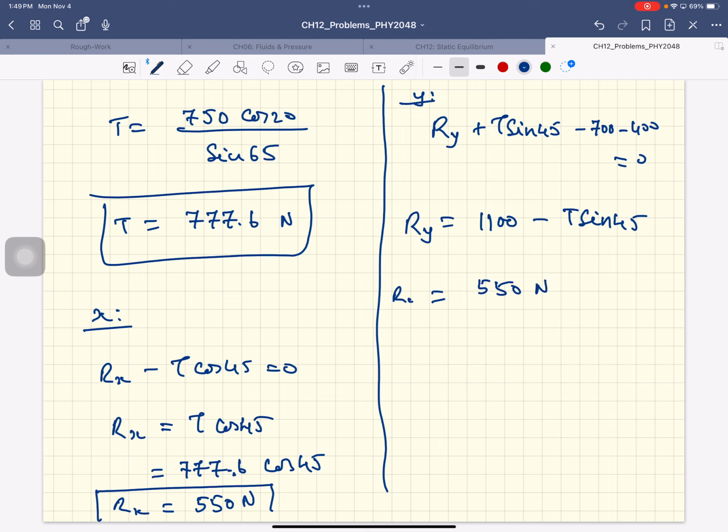So Ry works out to that. So R is 550 i plus 550 j.